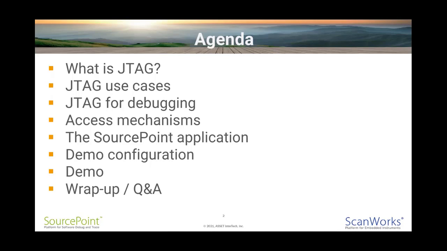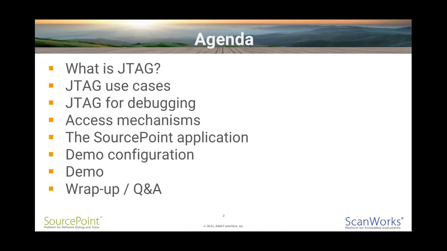What we're going to do today, in terms of an agenda, is go through a little bit of introduction to JTAG and its applicability for use cases in general, and for debugging particularly for this webinar on AMD. We'll look at the access mechanisms that are supported for JTAG access and control. Then the emphasis is going to be on the SourcePoint application, essentially a visual application used for firmware debug, very close to the hardware.